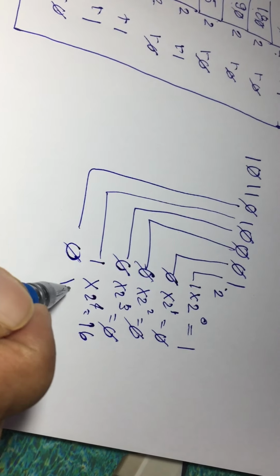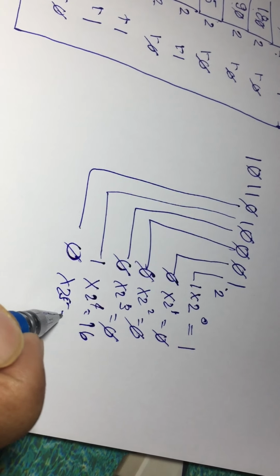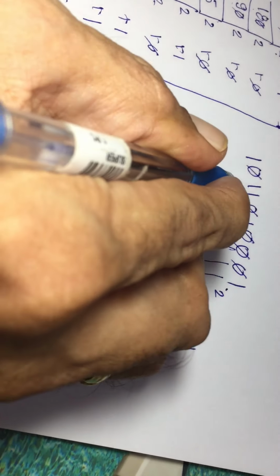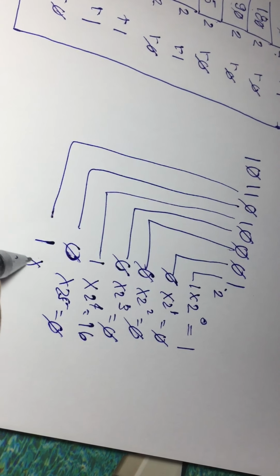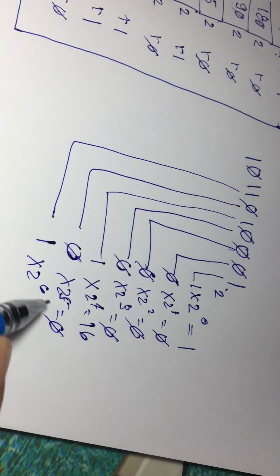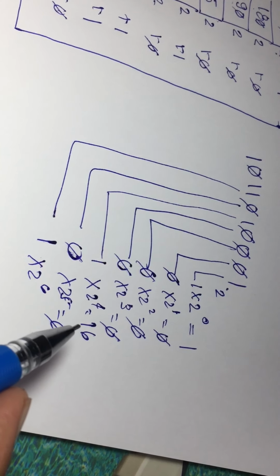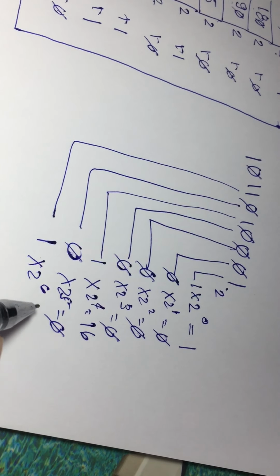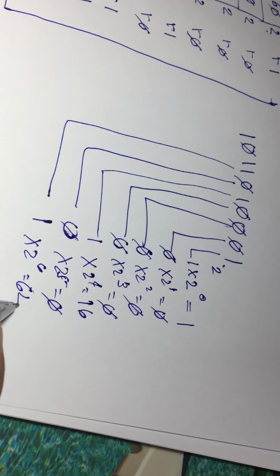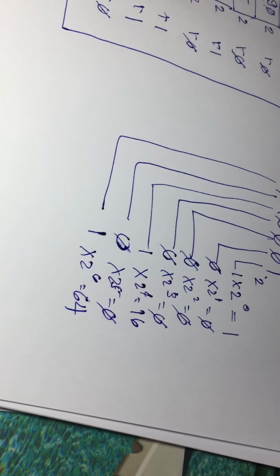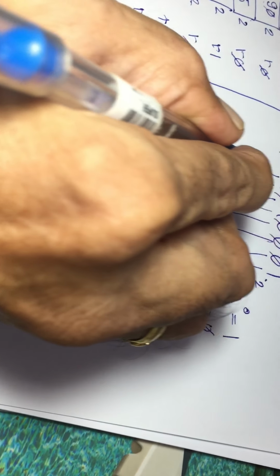So, 0 times 2 raised to 5 is still 0. 1 times 2 raised to 6. So, 32, 64 yan. Sorry, 2, 4, 8, 16, 32, 64. So, tama. 64. And then, may 1 tayo dyan.